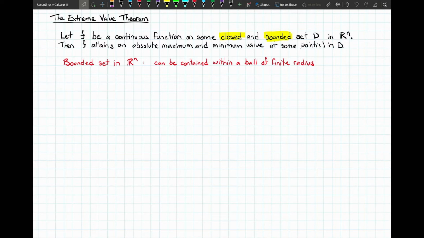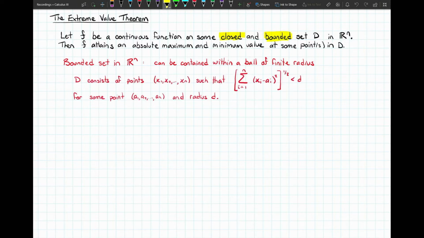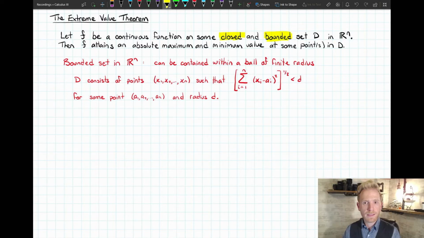But in higher dimensional space, a ball is just a set of points that are some fixed radius from a particular center point. In another way of putting that, we could say that D consists of points x1, x2, all the way to xn, such that each of those points is less than some distance d from the point a1, a2, all the way up to an. This is our distance formula. Essentially, we're saying that this region D cannot extend infinitely in any particular dimension at all.